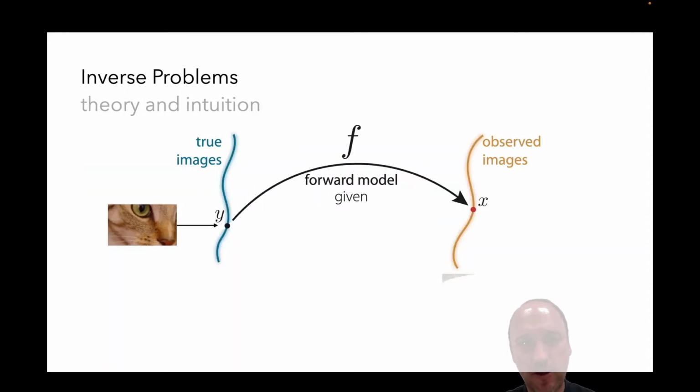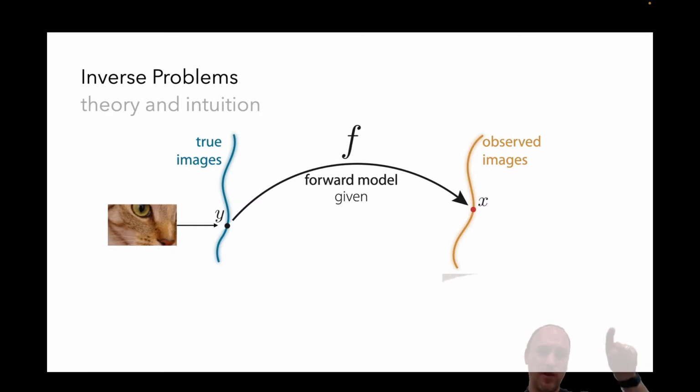And so in the abstract, the way you can think about it is that you start with a space of images, the true images, that is within the space of all possible images. It's a kind of high-dimensional manifold within the very high-dimensional manifold of all possible images.